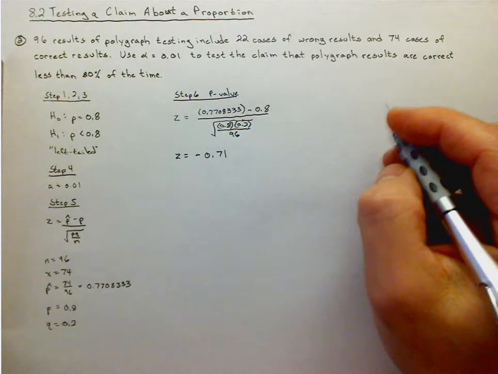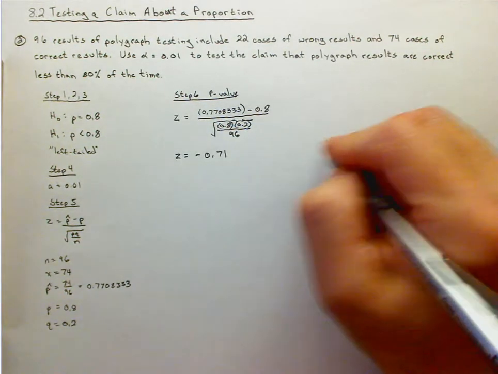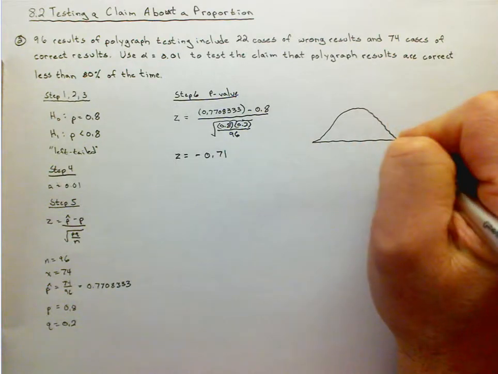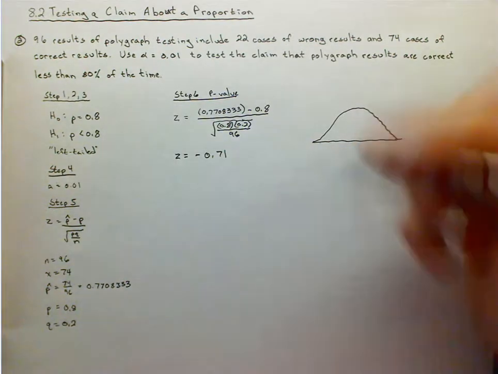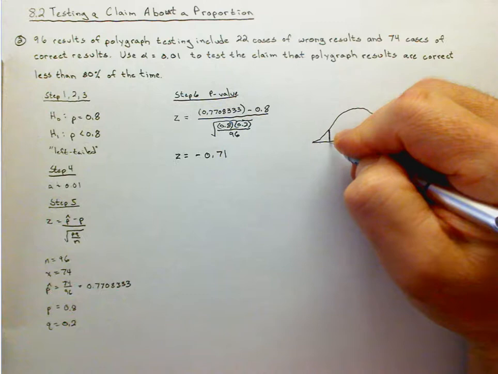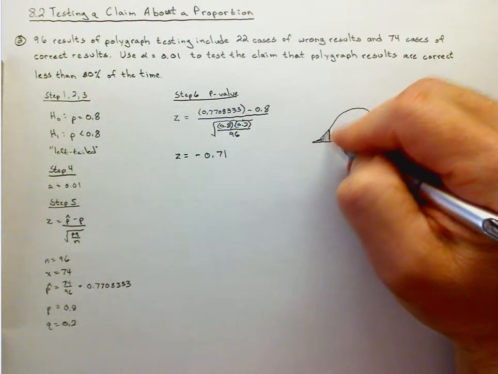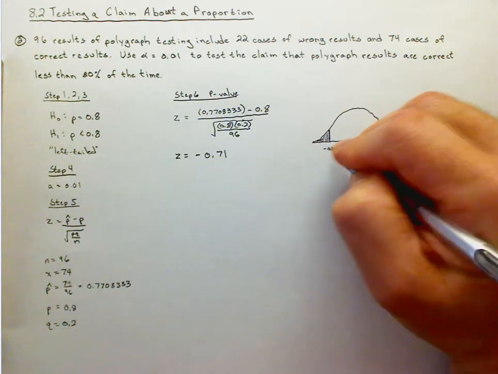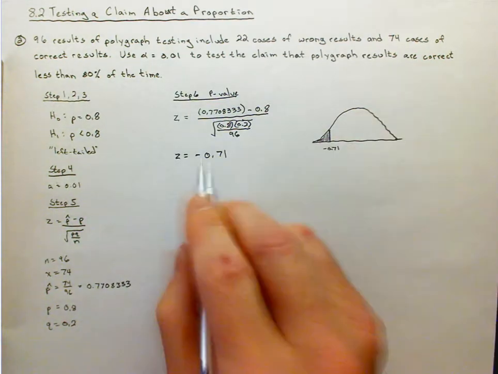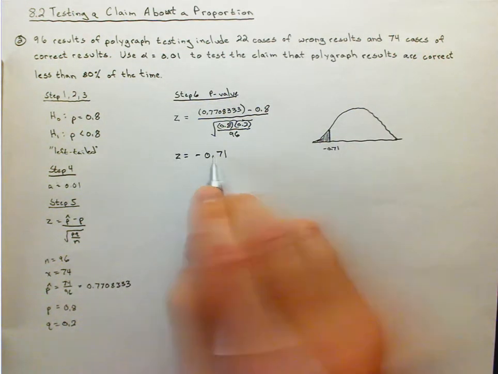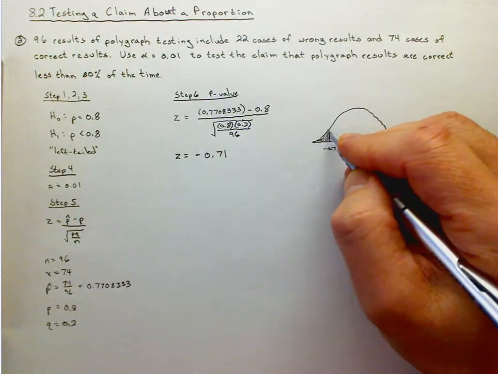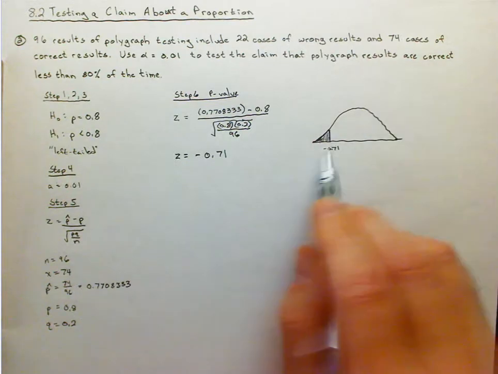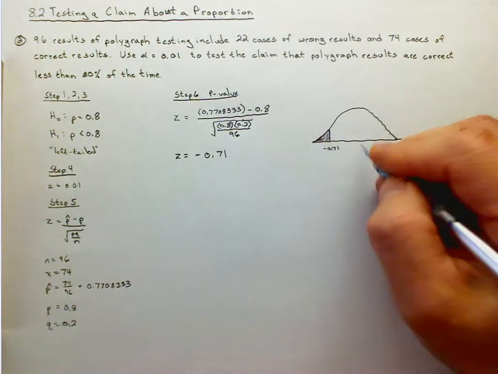And to help us visualize, I'll do it over here. We had a left tail test, so I want this information here. That's what I'm looking for, okay? And this is a negative 0.71. So I need to look up this z-score to find the probability, my p-value, the area in here. And again, what I look up for this negative is going to be the actual answer.